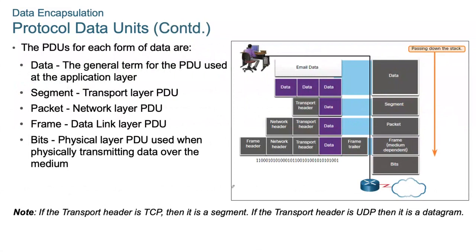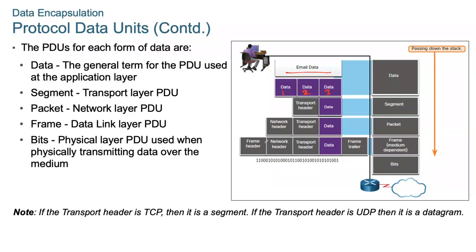In the data encapsulation process, suppose the sender has email data, and this email data is divided into small pieces, which we call data 1, data 2, data 3, the entire data. Piece by piece, it goes through the next layers. From the application layer it is the email data.